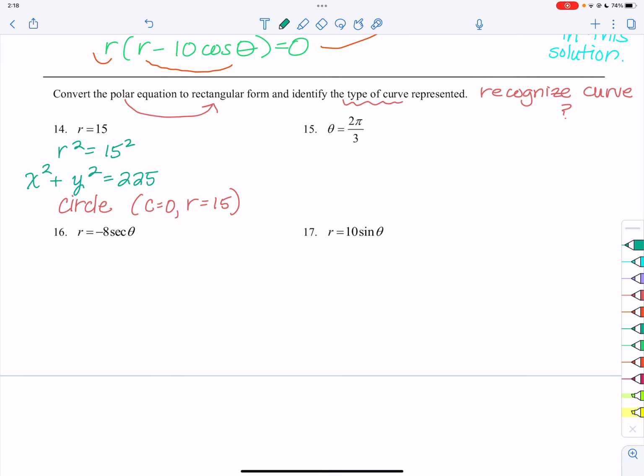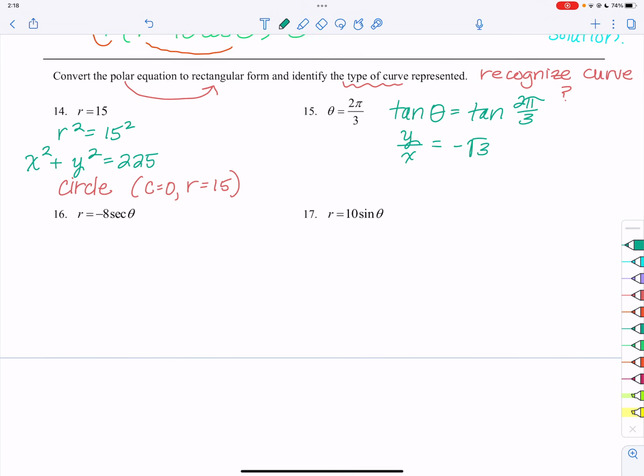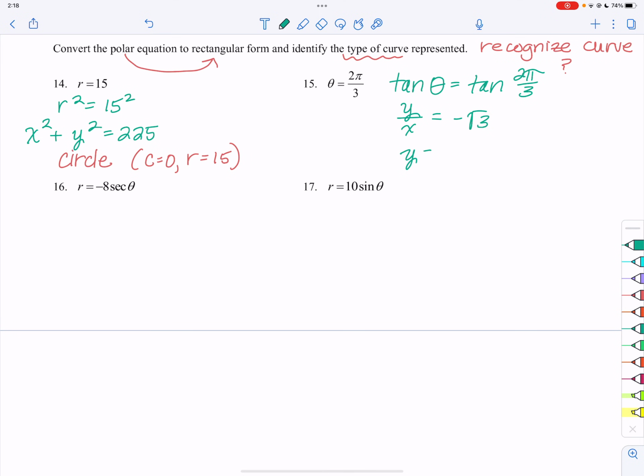Okay, theta equals 2 pi over 3. We have the tangent of theta is equal to the tangent of 2 pi over 3. y over x is equal to the opposite of root 3. So now you can see that y is equal to negative root 3 times x.